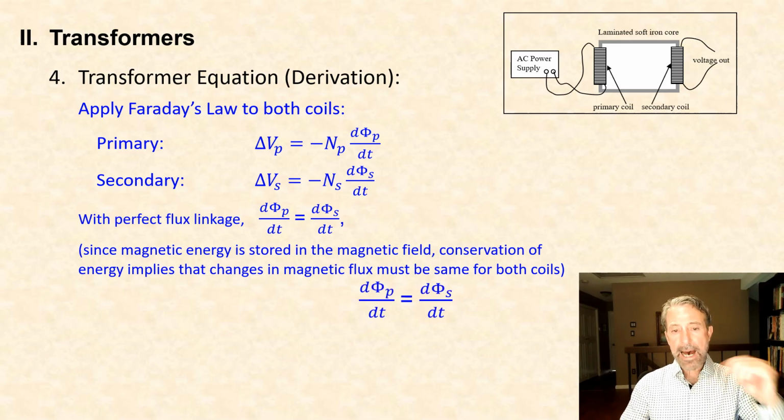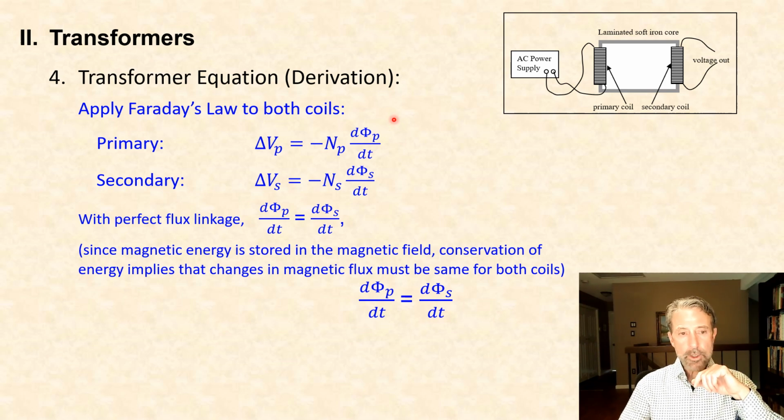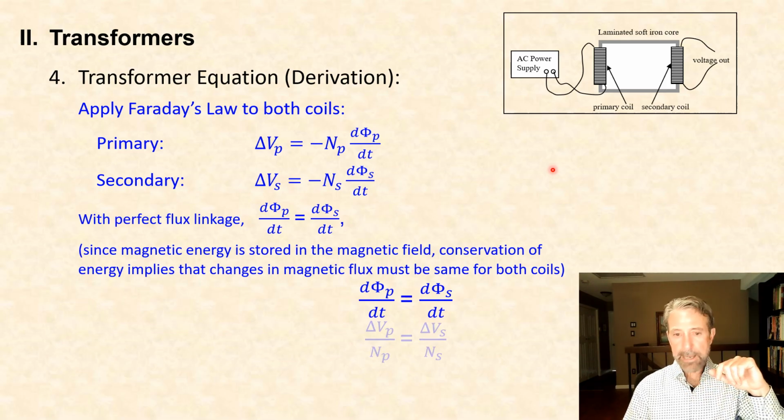So given the fact that we said that we have perfect flux linkage, so the rate of change of magnetic flux in one coil is identical to the other coil, we can simply do a little bit of algebra here. When we solve the primary coil for the time rate of change of magnetic flux and do the same for the secondary coil, we come up with this equation.